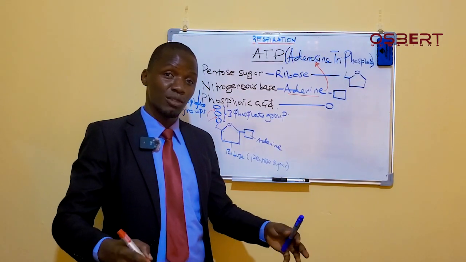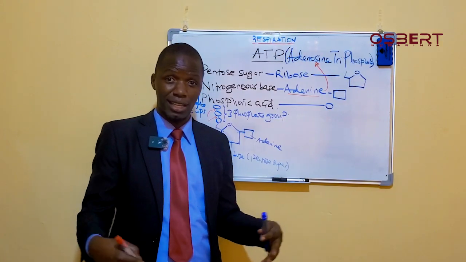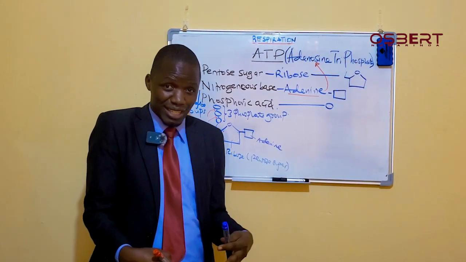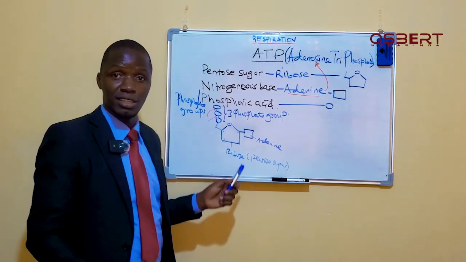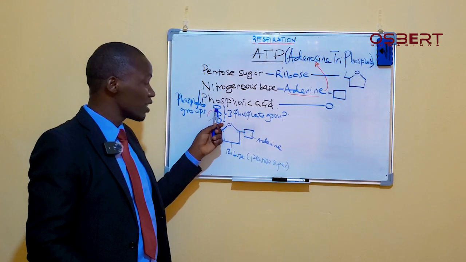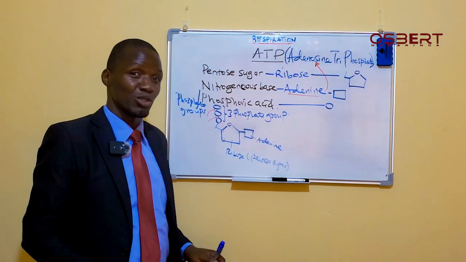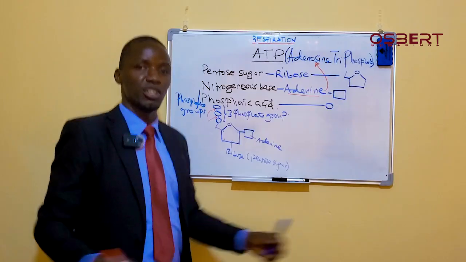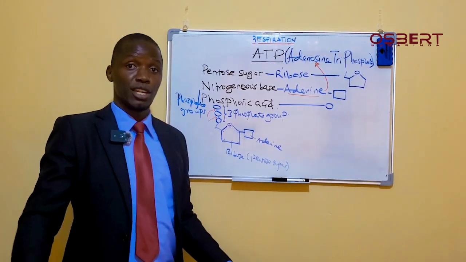So when energy is formed, it is stored in the bonds that make up ATP, specifically the bonds between the phosphate molecules. If these bonds are broken down, the energy which had been kept will be released, and then it is utilized by the cell to perform different functions.